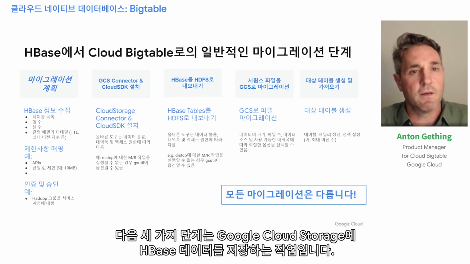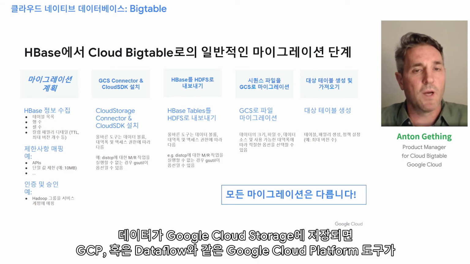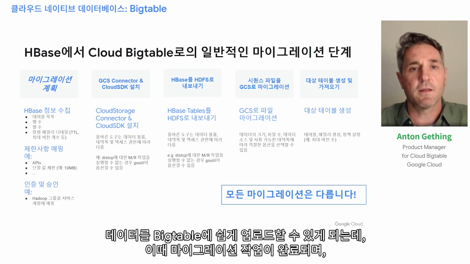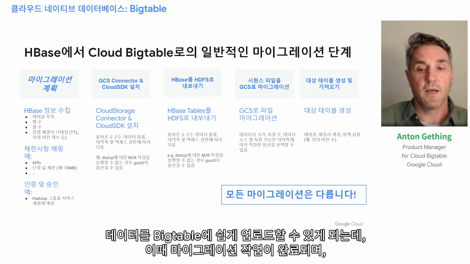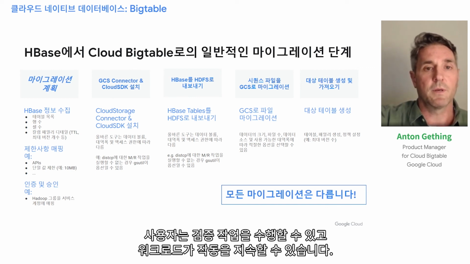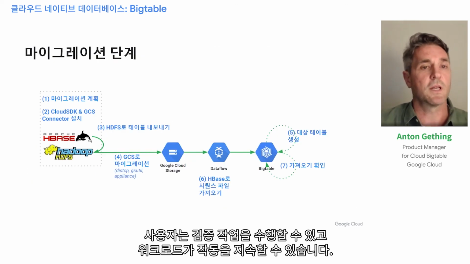Then the next 3 steps are essentially getting the HBase data into Google Cloud Storage. Once the data is in Google Cloud Storage, GCP or Google Cloud Platform tooling like Dataflow can easily take that data, upload it into Bigtable, at which point the migration is complete, and you can conduct some verification, and the workload can continue to operate.